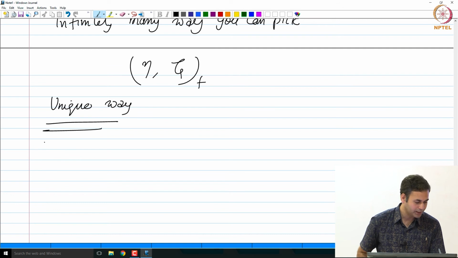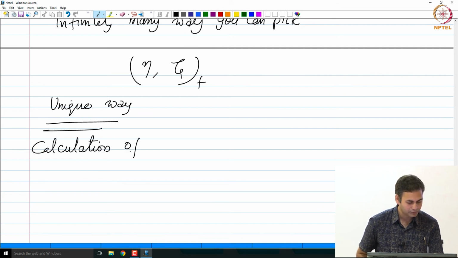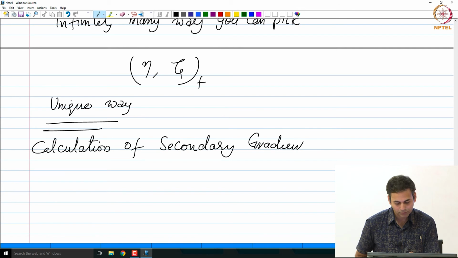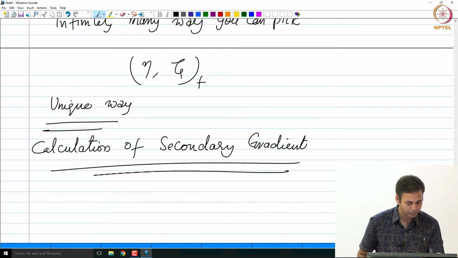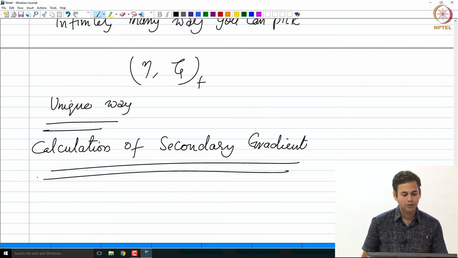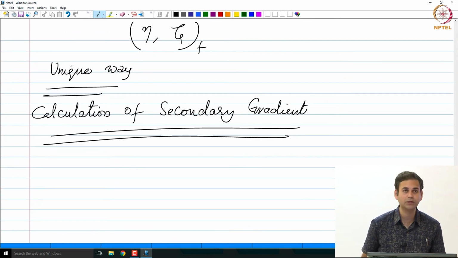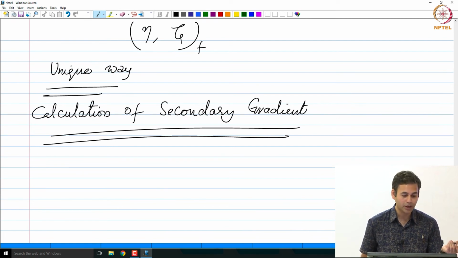So this is basically the calculation of the secondary gradient. Now, here is where you have to be a little focused. What is the expression we have?